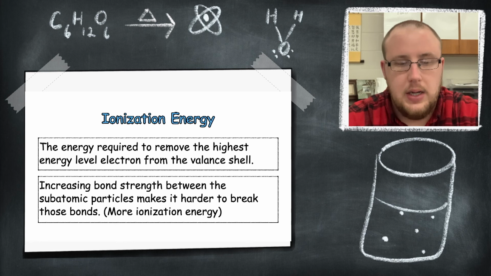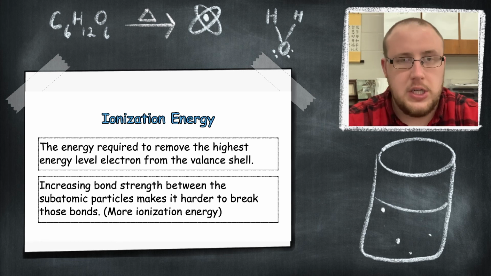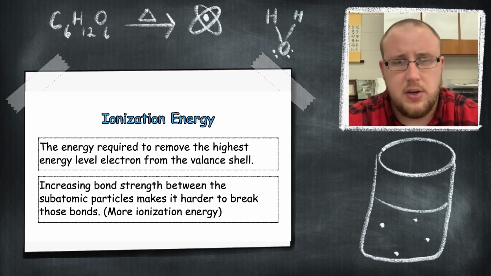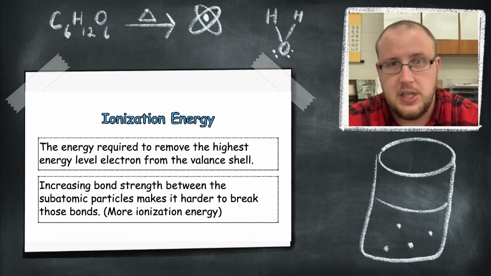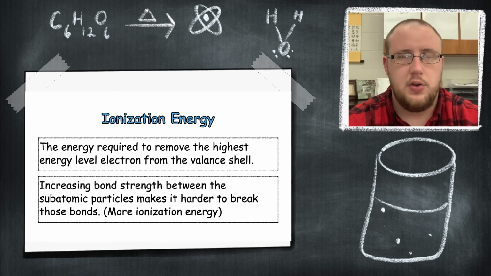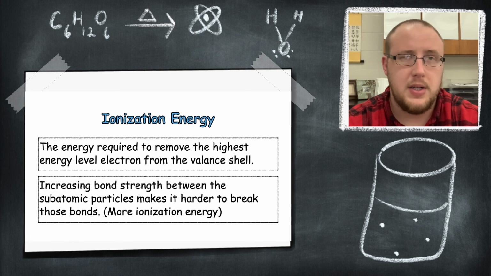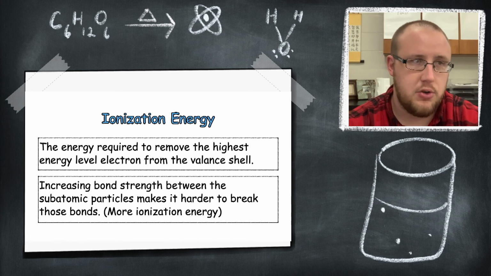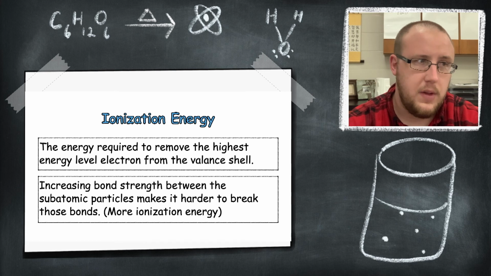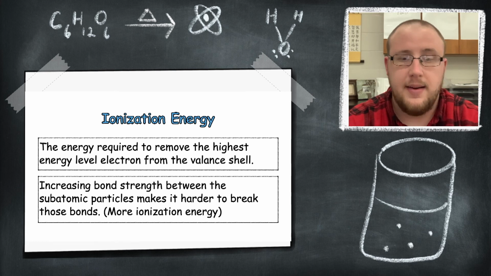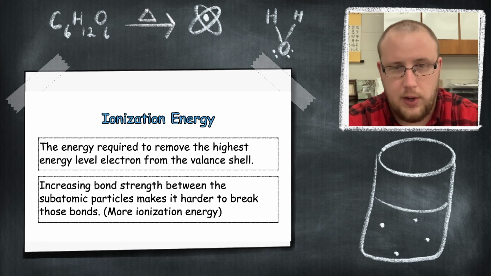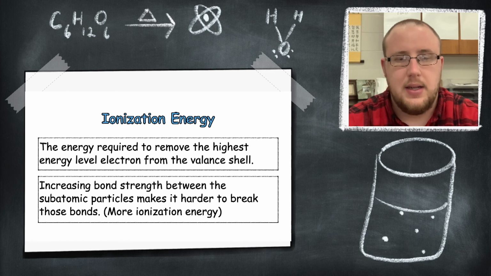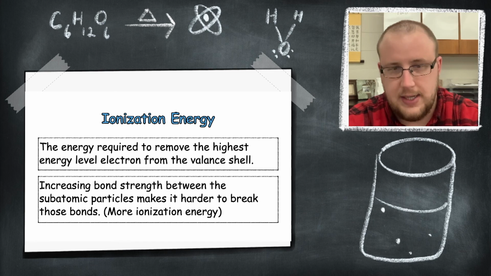So if we increase the bond strength, it's going to require more ionization energy to break that. The closer the nucleus and that outermost electron are, the stronger that bond is, the more energy it's going to require to break it. Okay, that means it's going to have more ionization energy.